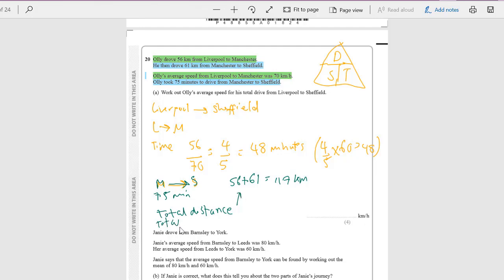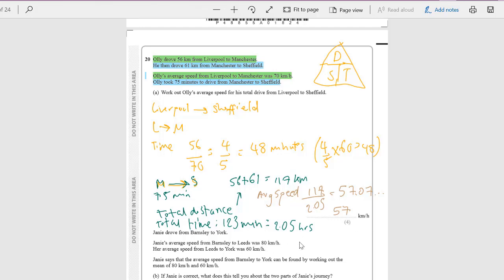So total time was 123 minutes, which is, you can change that to 2.05 hours. So the average speed, so average speed was 117 divided by 2.05, which is 57.07, and so forth. So if we round to two significant figures, we get 57 kilometers per hour.